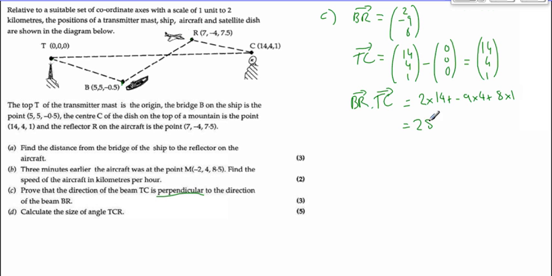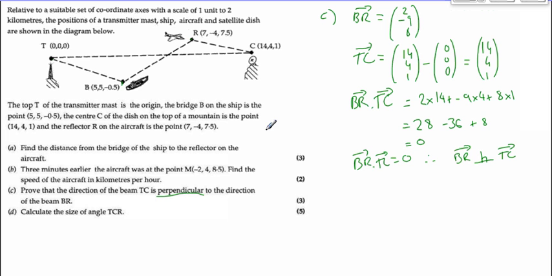That's 28 minus 36, add 8, which is 0. So BR dot TC is equal to 0. Therefore, BR is perpendicular to TC. Okay, and that's your part C done.